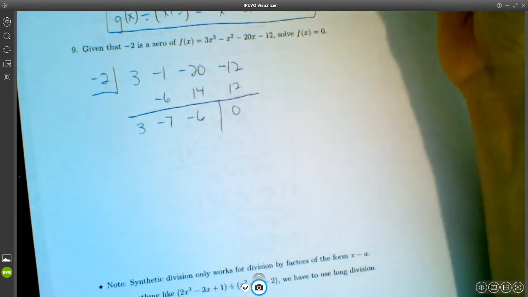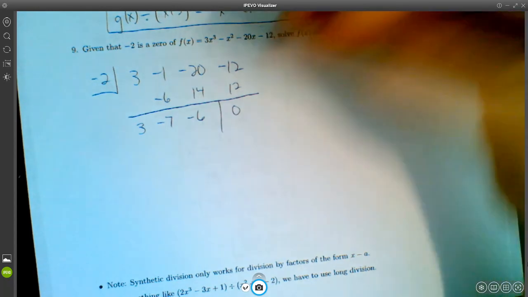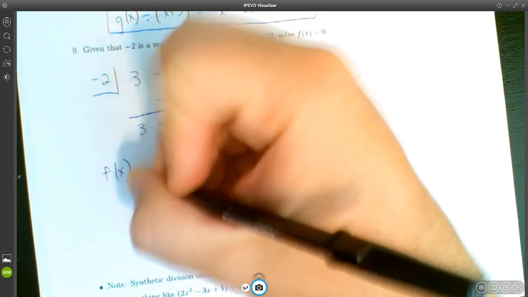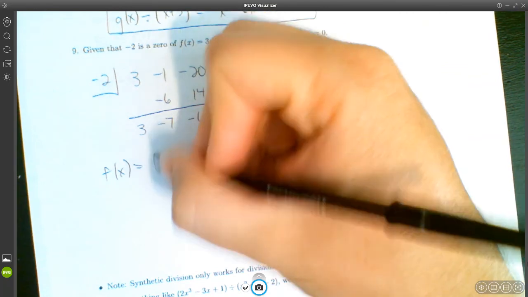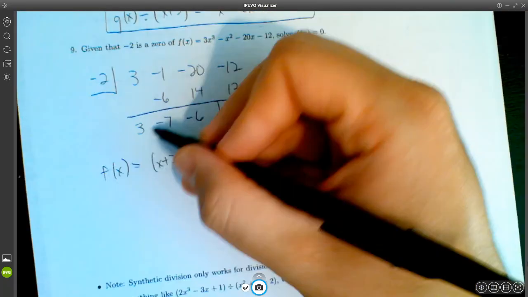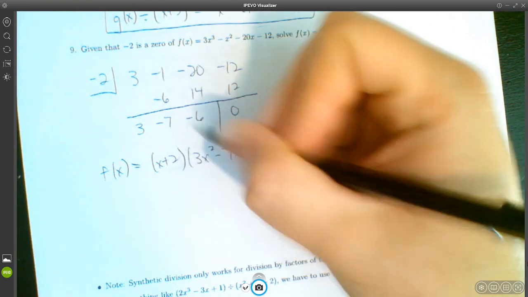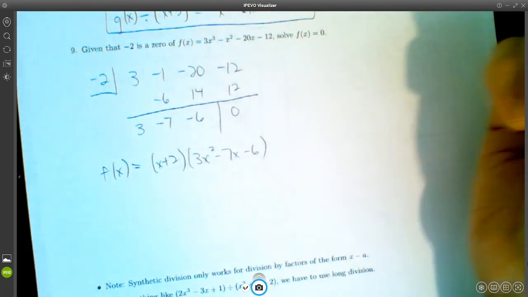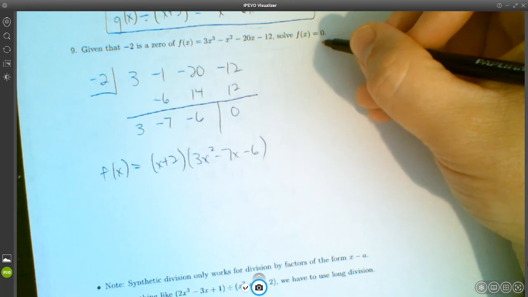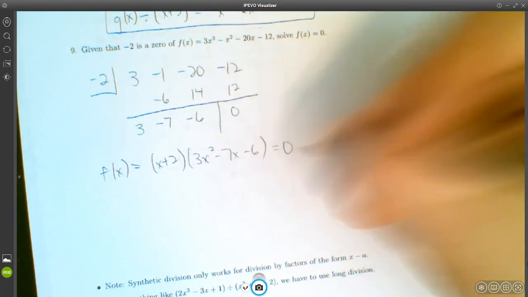It's beautiful. Beautiful when a plan comes together. So now f of x is x plus 2 times 3x squared minus 7x minus 6. And we want to solve f of x equals 0. So I'm going to set this equal to 0 and solve now.